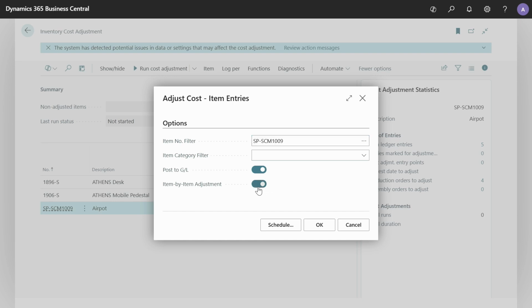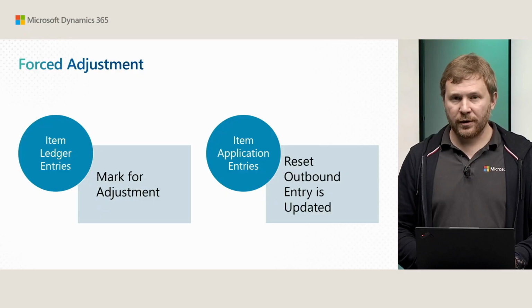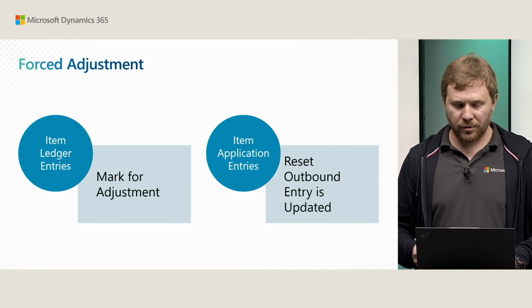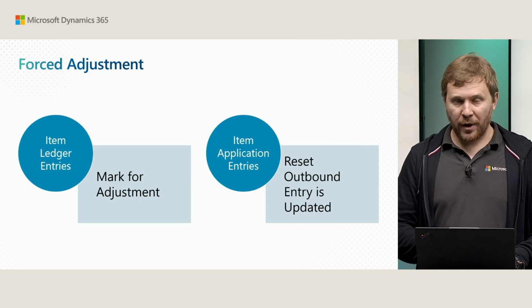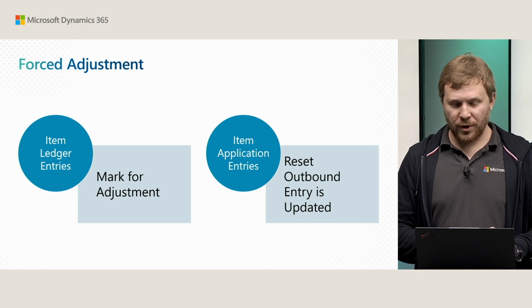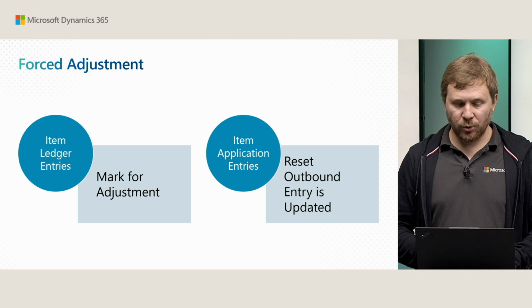Sometimes, especially on old or highly customized environments, you might spot an item which is marked as adjusted, but some of its entries carry incorrect, inaccurate cost. To force a rerun of cost adjustment for such entries, you can use these 2 actions.